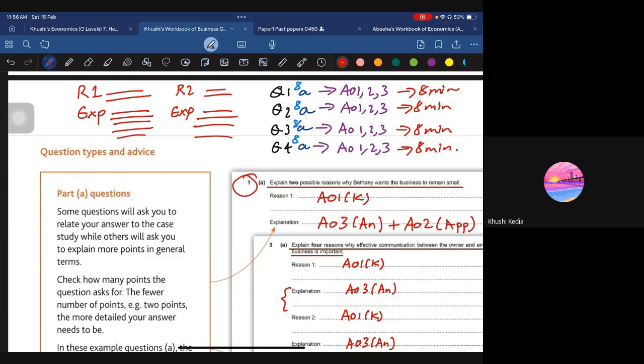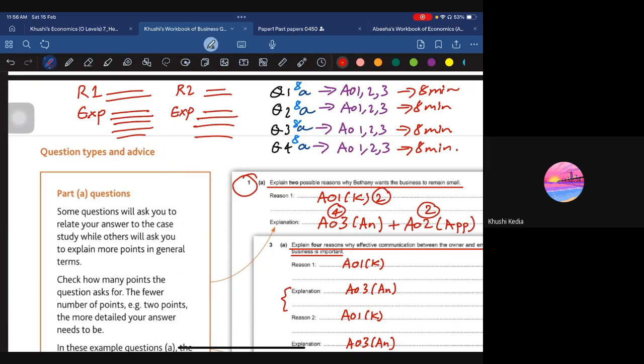You see, the thing is that when you are considering a paper two question, you have about 2 marks for the two reasons that you're providing, 2 marks for the application that you're providing, and there are going to be at least 4 marks for the analysis that you will be doing on this.